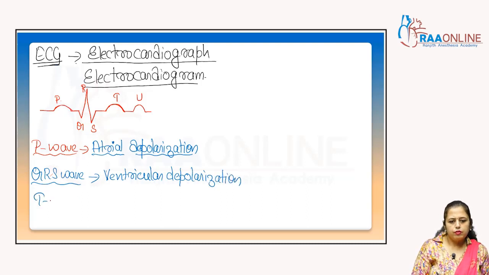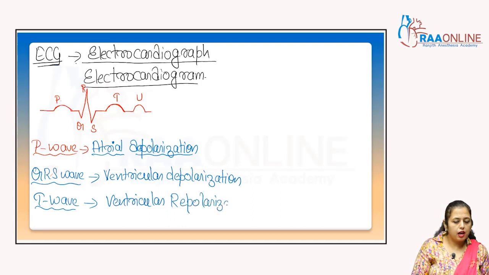and the T wave represents ventricular repolarization. A line is marked in NCERT that the T wave appears at the end of the systole, right?